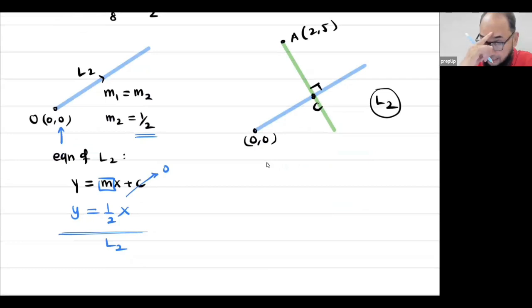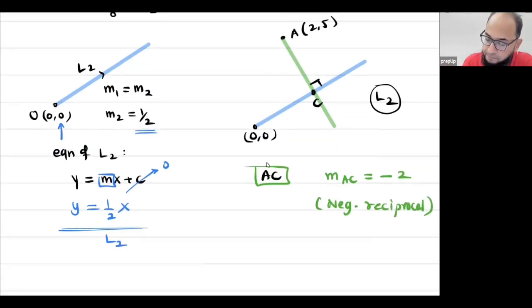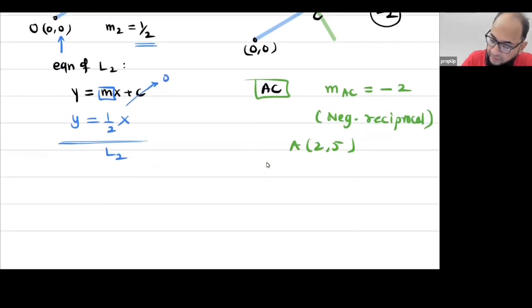That means I need to find C by simultaneous equations. So for the line AC, the line in green, I'll say the gradient of AC should be -2. Why? Because of the concept of negative reciprocal. If two lines are perpendicular, one gradient is the negative reciprocal of the other. And it's passing through A. A is 2, 5.